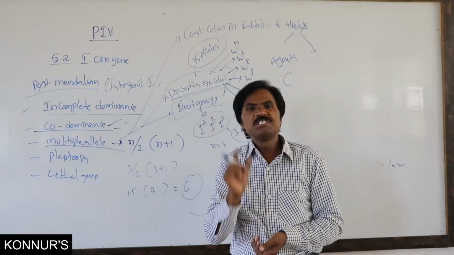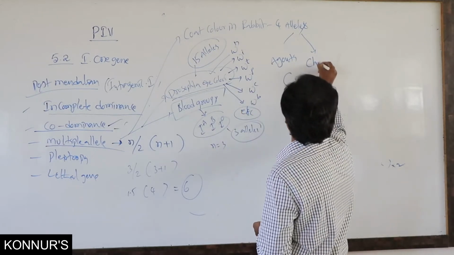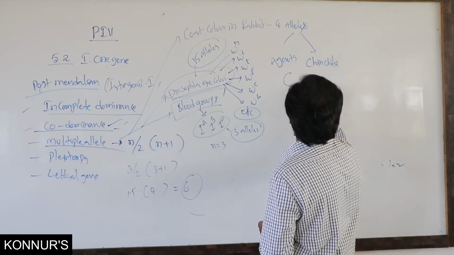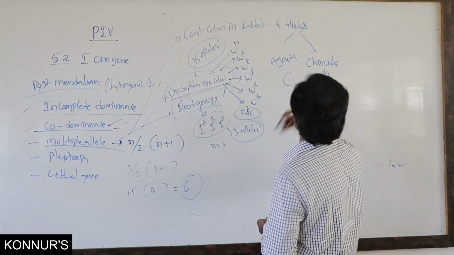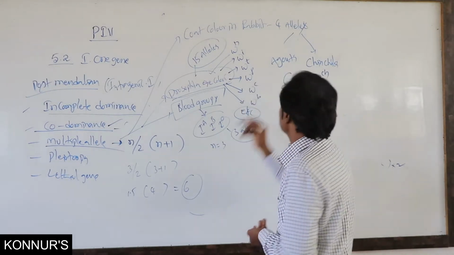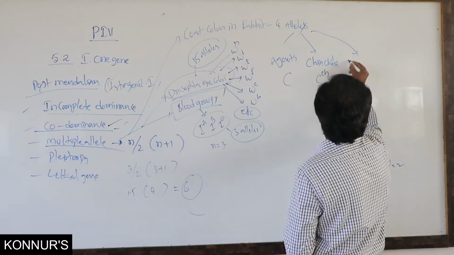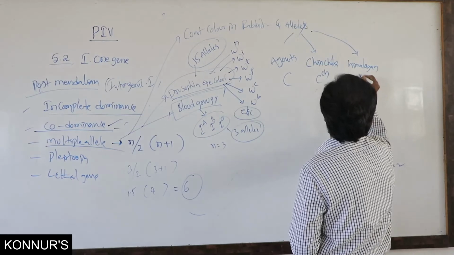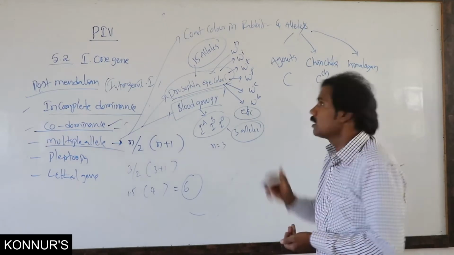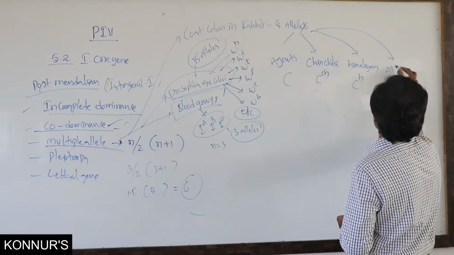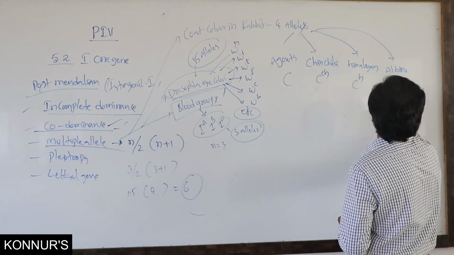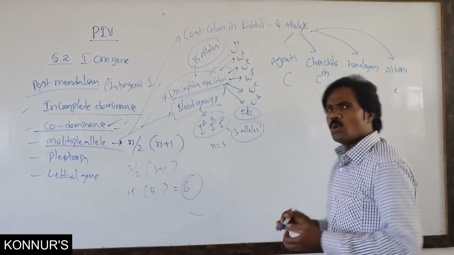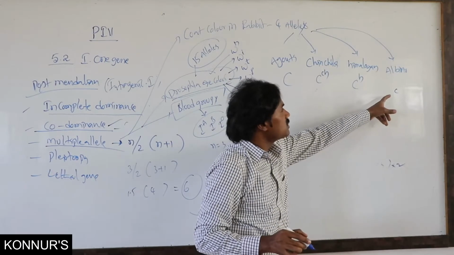Then chinchilla, CH represents chinchilla. Himalayan, H represents Himalayan, and albino, only small letter c.